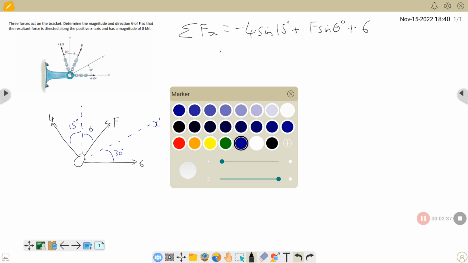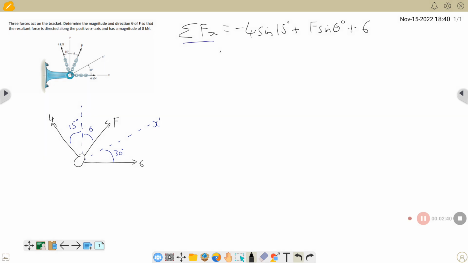No, since we've got this unknown, and this unknown. So let's move on. We can also say that the sum of the forces in the y, we've got 4 cos 15 plus F cos of theta.